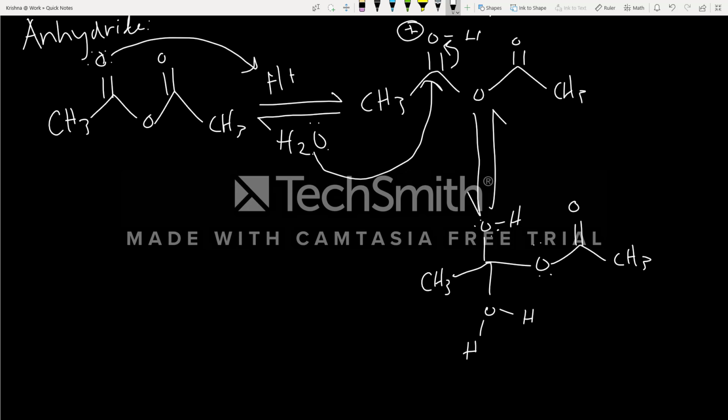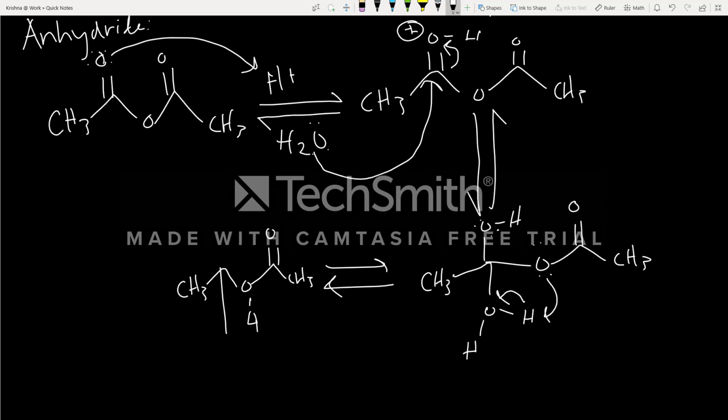At this point, this middle oxygen will come and deprotonate the newly added water group, pushing those electrons back onto that oxygen. This will result in the formation of this molecule here, with two hydroxyl groups on it.